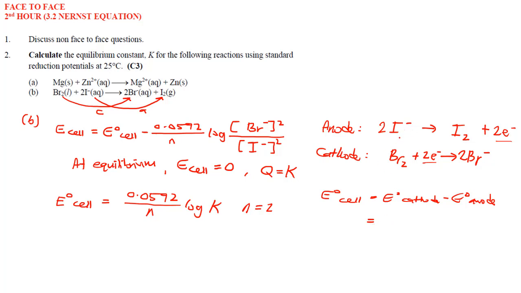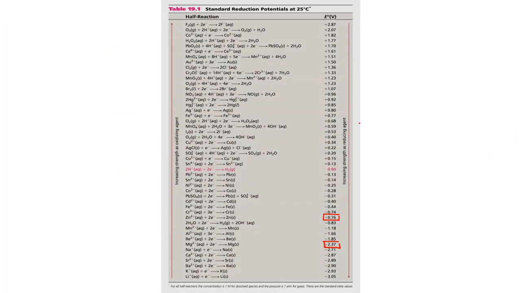So looking back at the table, iodine is positive 0.53, and our bromine is positive 1.07. Okay, so cathode kita bromine positive 1.07, dan kita punya anode adalah iodine positive 0.53.